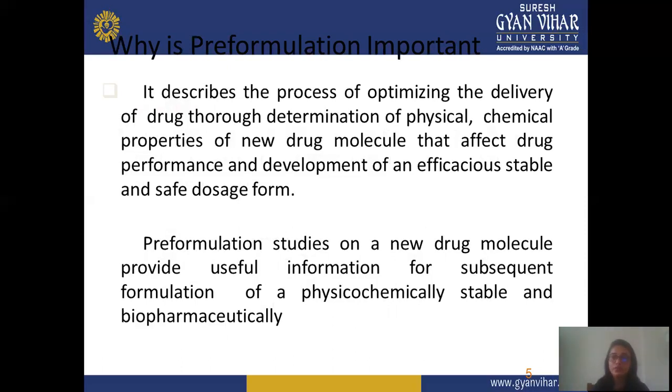Before starting to formulate your drug, you confirm that your formulation is okay and shows good physical and chemical properties, that it does not show any performance issue, and that it forms a stable and safe dosage form. Overall it is good and ready for formulation, and you just assure all things are okay.